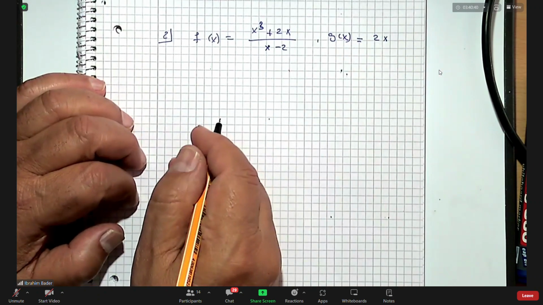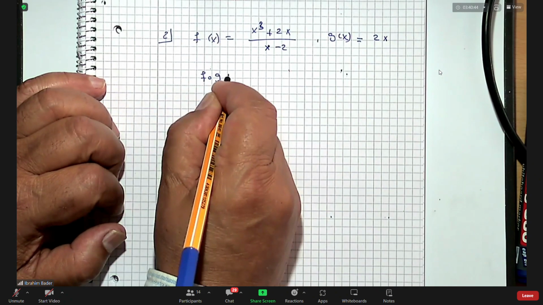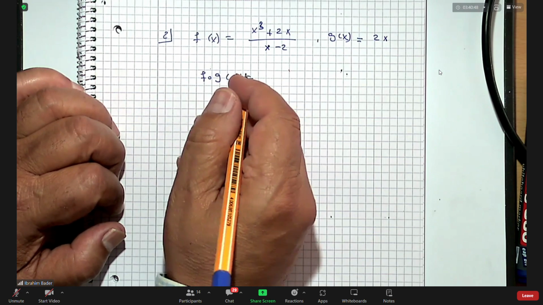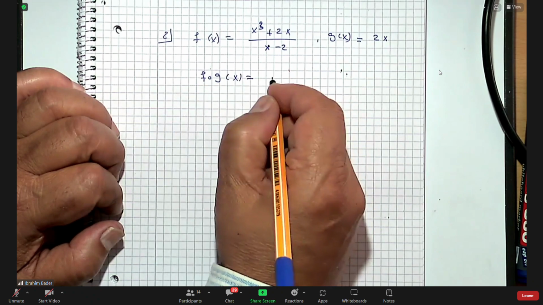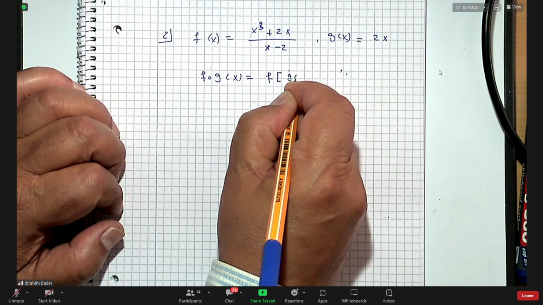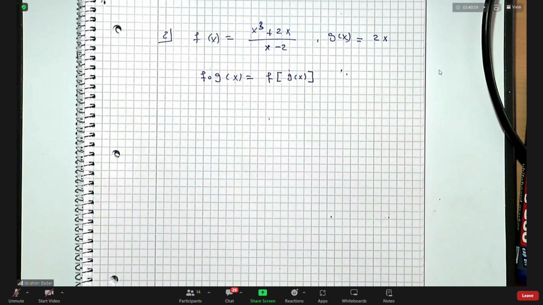Now we said that the composition function f composite g of x, we just had it today, this morning. We evaluated inside out. So it's f of g of x.